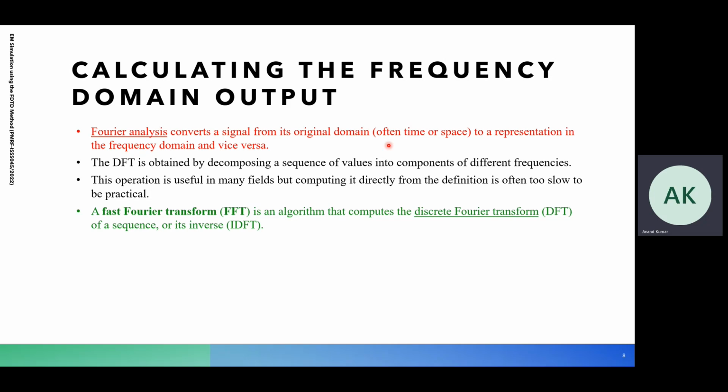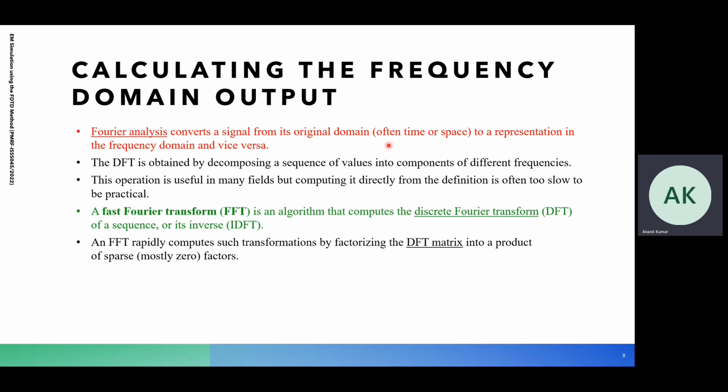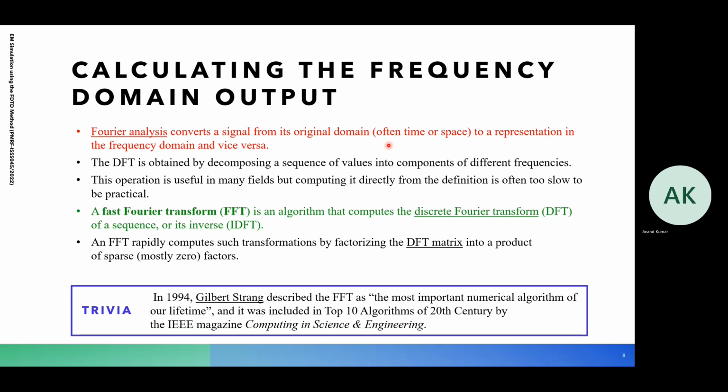We'll use the tool provided by MATLAB to get the frequency domain results generated by our time domain FDTD code. FFT is a very powerful technique. It is used widely because it very rapidly computes the DFT. Professor Gilbert Strang from MIT said that it is the most important numerical algorithm of our lifetime.